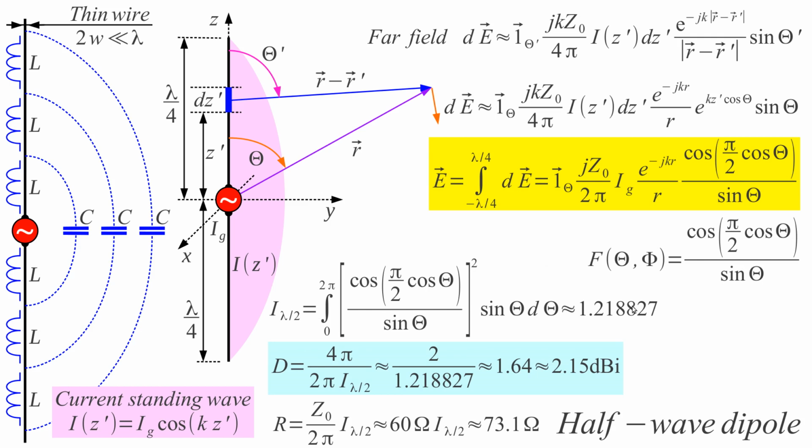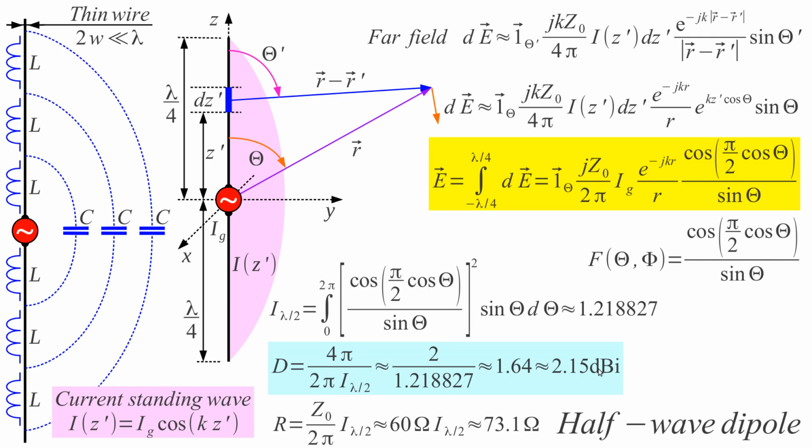This is an integral that cannot be expressed with standard functions, so I have to calculate it, and its value is approximately 1.22. So the directivity is 4 pi, where 2 pi is the integration over phi. It's just 2 divided by the value of this integral, which is 1.64 or 2.1 dBi.